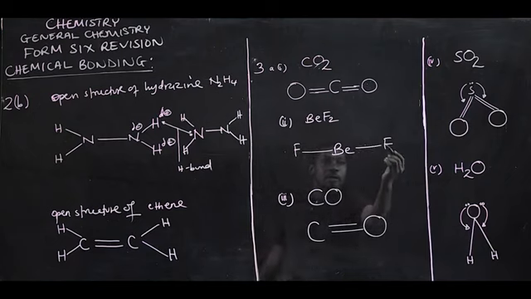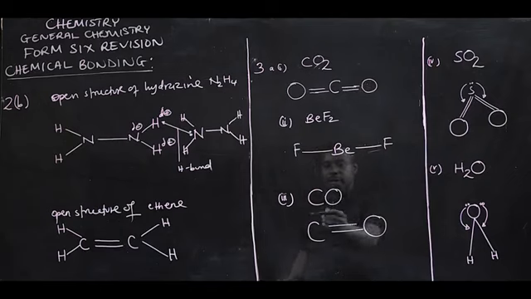As a result, fluorine cannot be polarized negatively and beryllium cannot be polarized positively. As a result, beryllium fluoride has no dipole moment or partially charged ions, which makes beryllium fluoride a non-polar molecule like carbon dioxide.